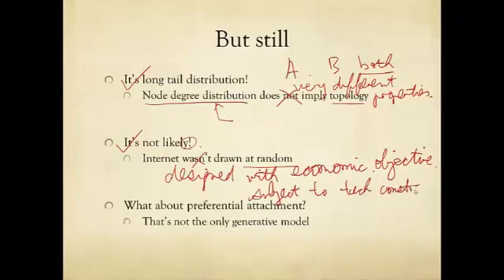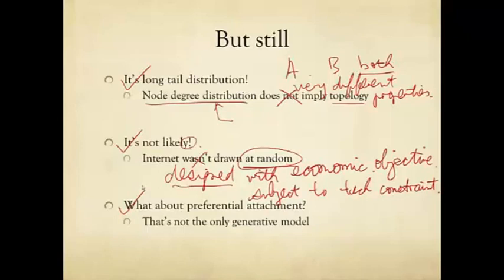For example, I cannot make an arbitrarily high total bandwidth router, and therefore I must face a trade-off between bandwidth per degree and the degree itself. So even though it is not as likely to be drawn at random, we just have to realize the internet was never evolved as a random object. It was designed with constraints and objective functions.